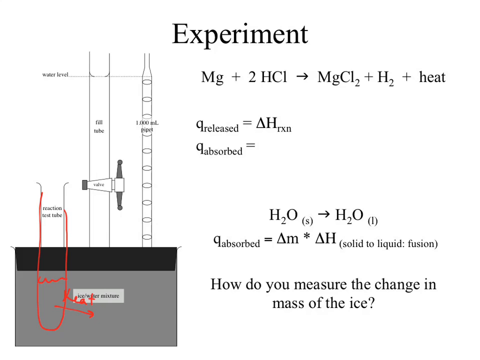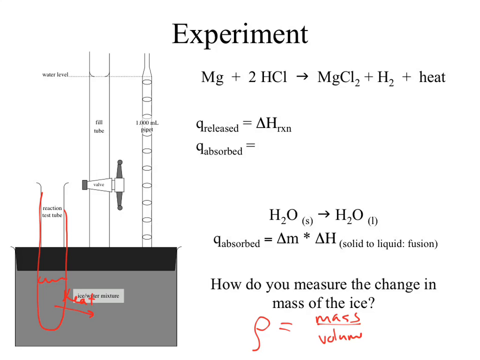So when we look at the mass of ice, what we're going to do is instead monitor that change in volume. So now what we've got to do is figure out how we can relate the change in volume back to mass. Well, what is the relationship between mass and volume? Density. So the symbol for density is known as rho. Mass over volume. We could rearrange this.